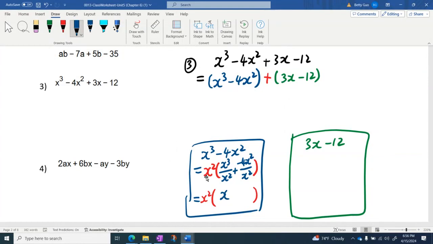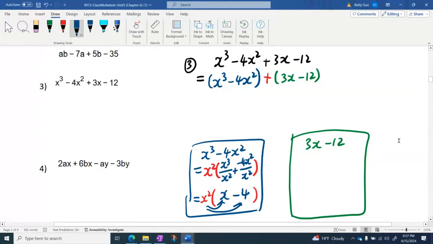Negative 4x squared over x squared, minus 4. Do you have the same thing, guys? If you are not sure, what do you do? You can reverse the process, right? X squared times x, x cubed. X squared times negative 4, negative 4x squared. So far, so good? That's what we do for the blue group in the box.